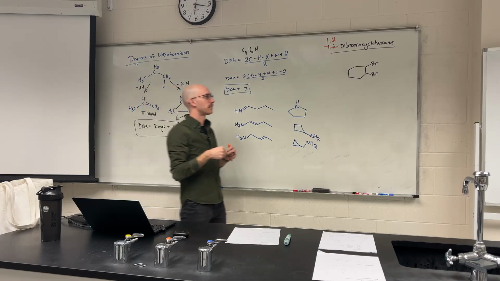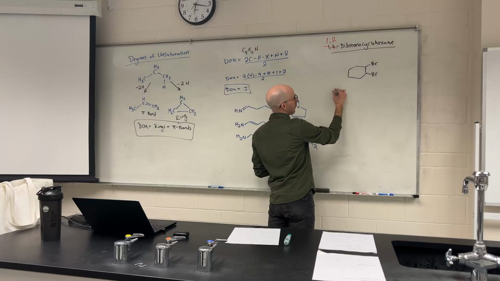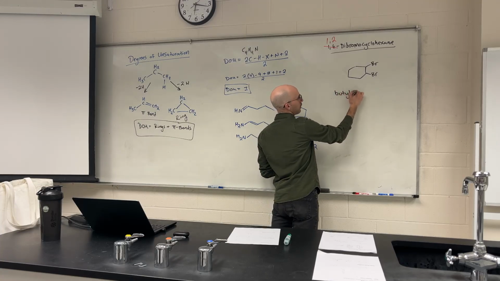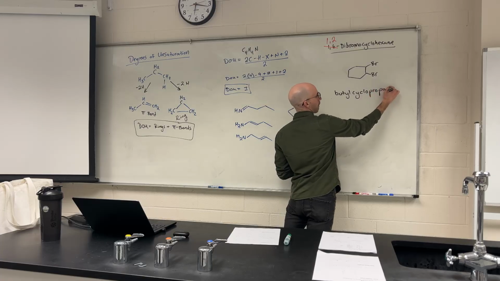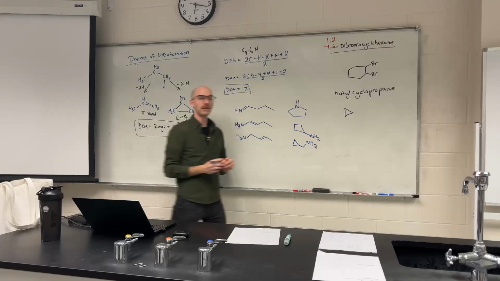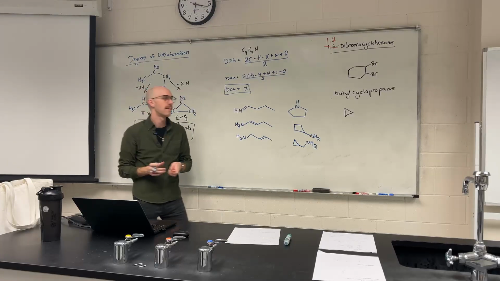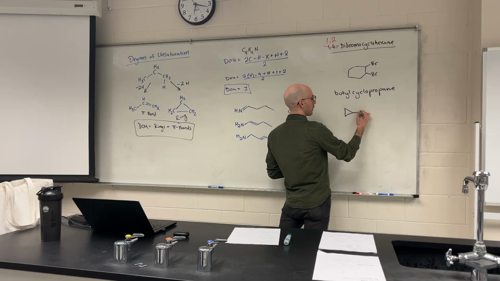Okay, we do another. If we take butylcyclopropane, we start with the parent, that's just a triangle, cyclopropane, and butyl is a 4-carbon chain coming off of it.